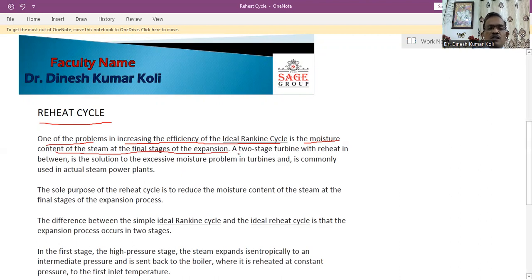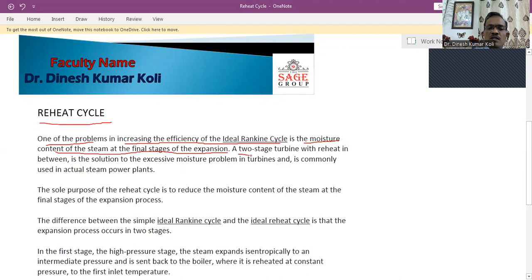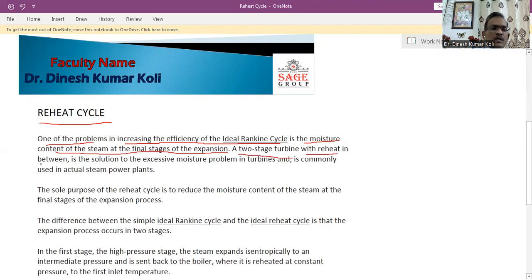The solution for this problem is a two-stage turbine with reheat in between. It means the steam is reheated between two turbine stages. One is called the HP turbine and the other is called the LP turbine. HP means high pressure turbine and LP means low pressure turbine.